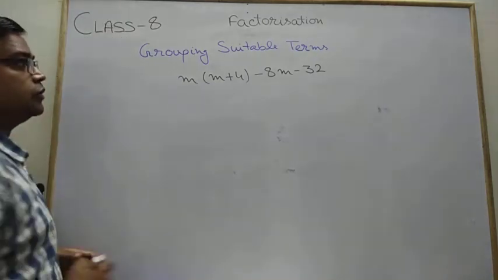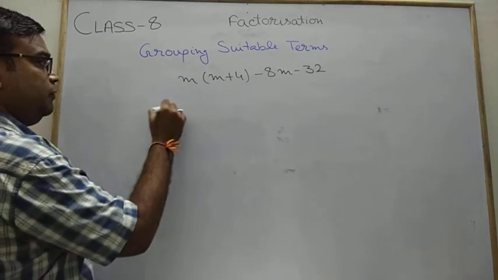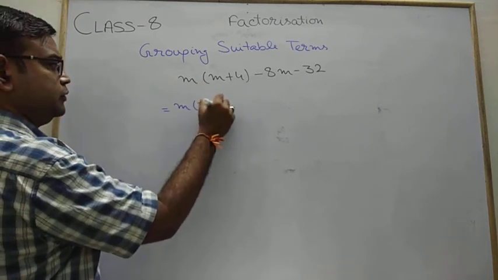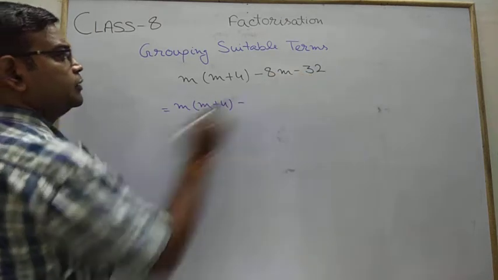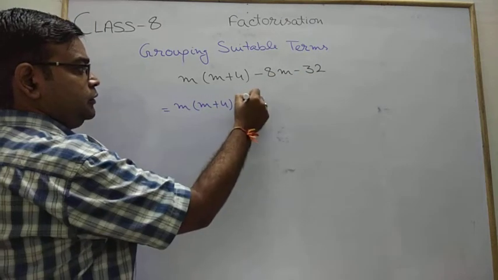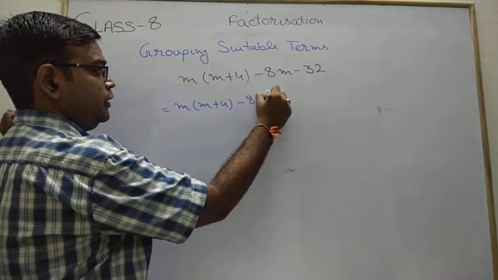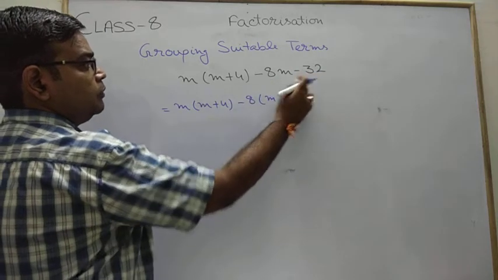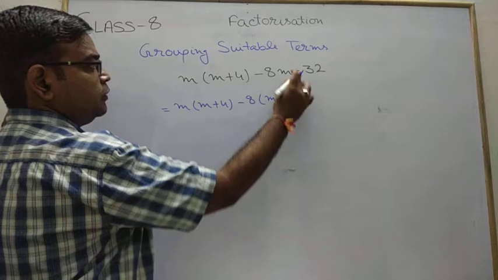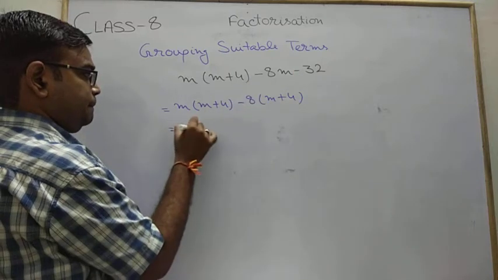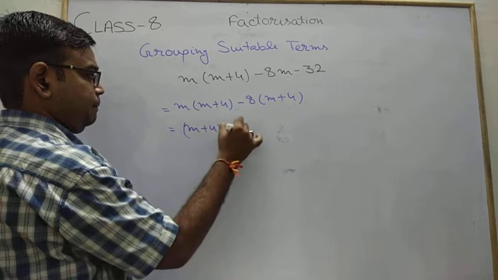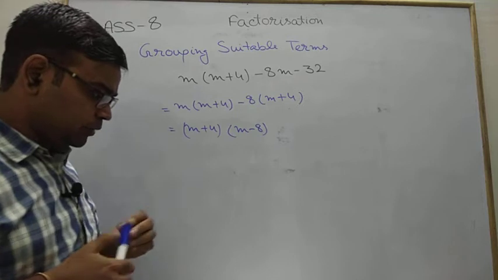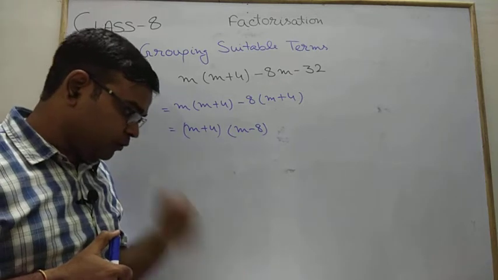So it's clear to you, there are some minus signs. If it is not already in factor form, leave it first. Try to take minus 8 common, not 8, minus 8 common. What do we have? Here there is a minus sign, already minus 8 common, so there is only plus m. Here minus 8 common, so there is only plus 4. Minus minus common. This is the easiest one, but we have to discuss shifting of signs or grouping of signs.